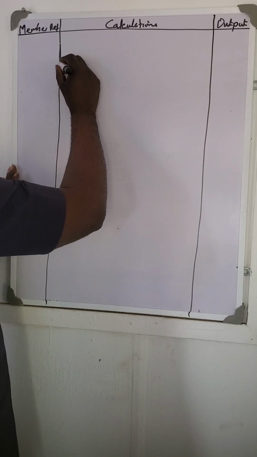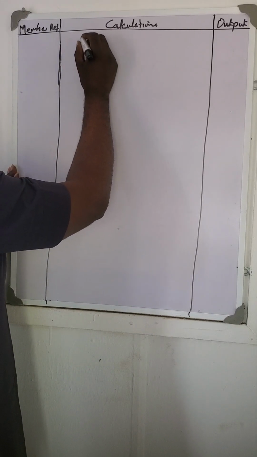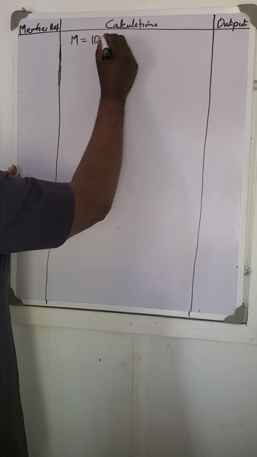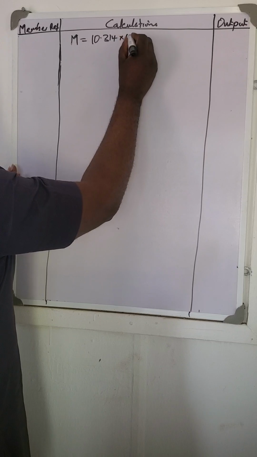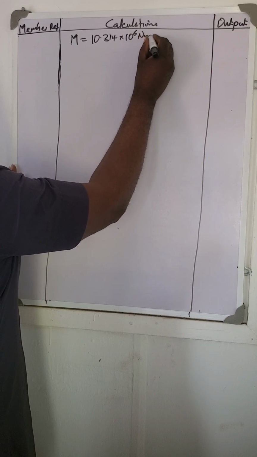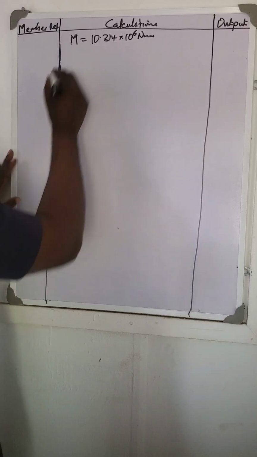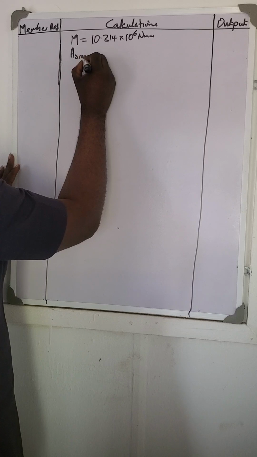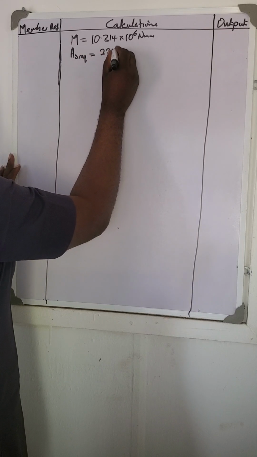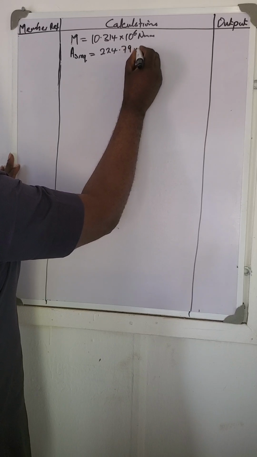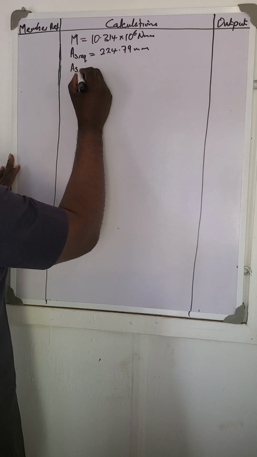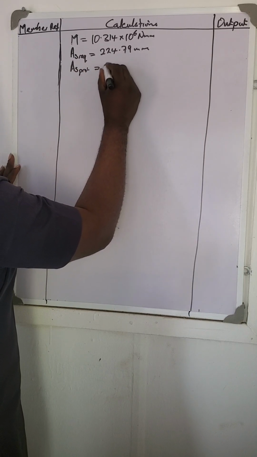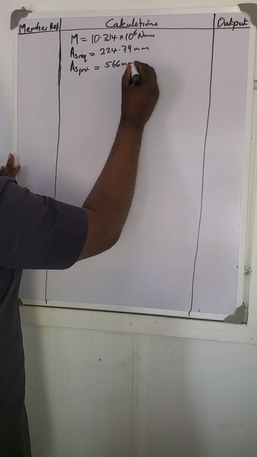Now, in our last class, we calculated and we were able to obtain our moment. Our moment was M equals 10.314 times 10 raised to the power of 6 Newton millimeters. Then we have our AS required, which was 224.79 millimeters square. AS provided was 566 millimeter square.